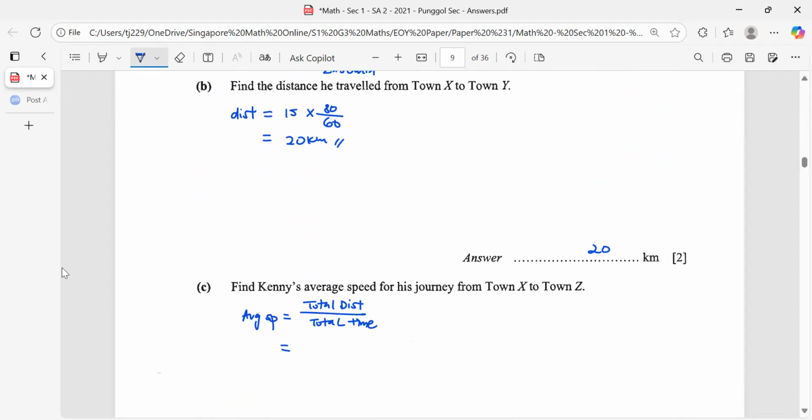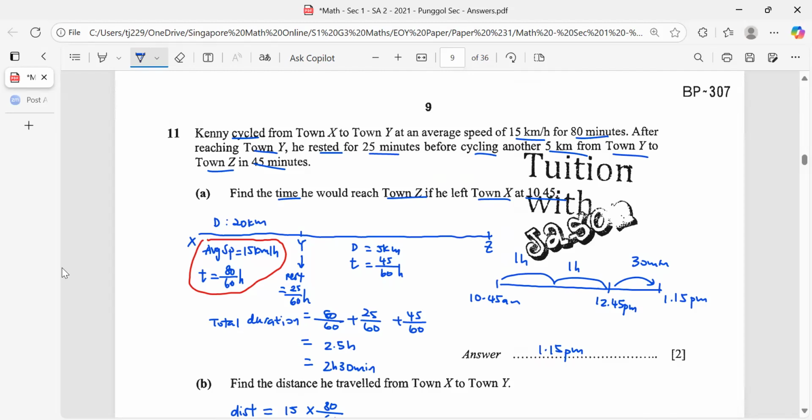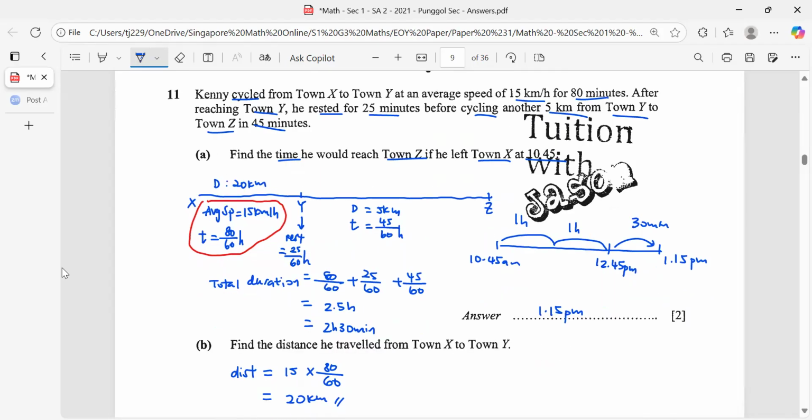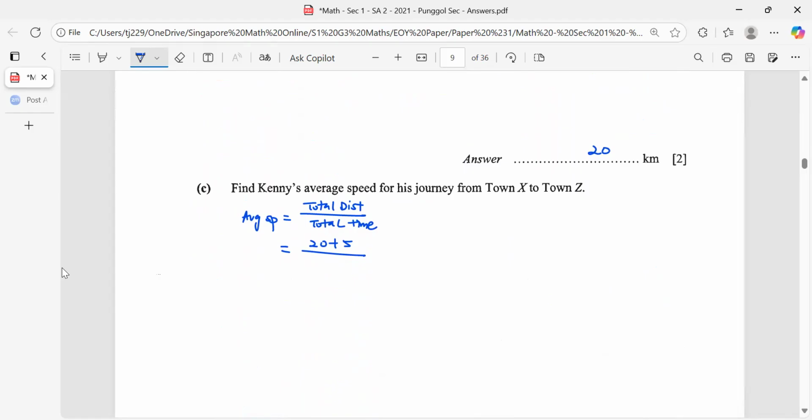So that makes a total of 20 plus 5. Total time, just now we have found out to be 2 hours and 30 minutes or 2.5 hours. So from here, we should be able to come up with the average speed. So we end up with 10 kilometers per hour.